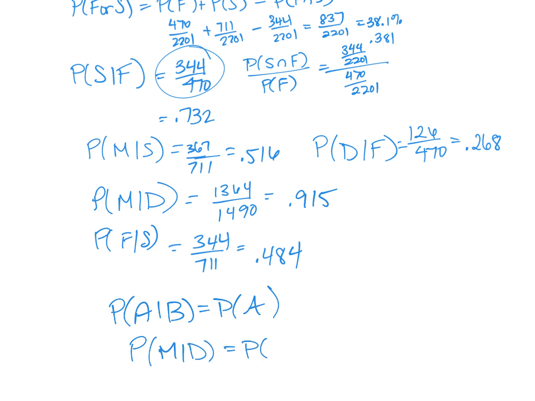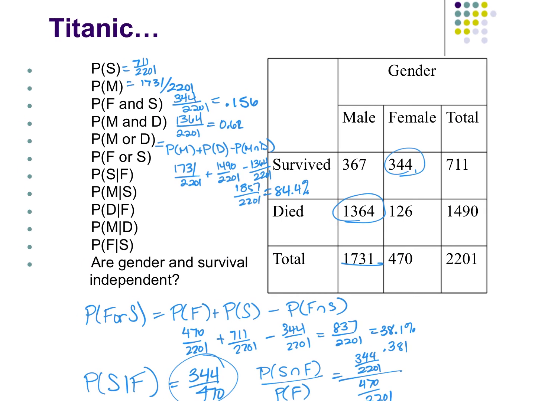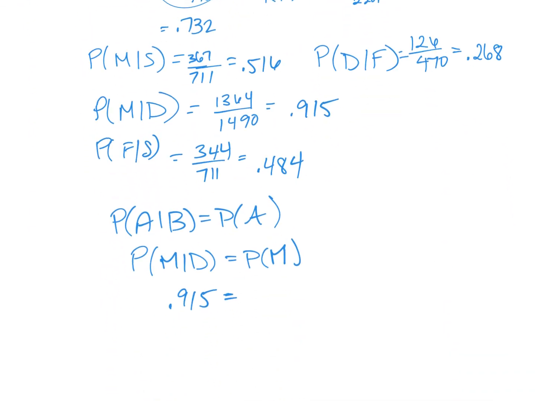Was that the probability of being male? Okay. Male given dead was 0.915. What was the probability that a randomly chosen passenger on the ship was male? 1731 over 2201. 0.786.